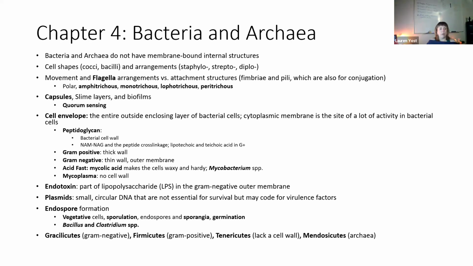The cell envelope is the entire outside enclosing layer. It's going to include the cytoplasmic membrane, the cell wall, and the outer membrane if you have one, right? So let's just talk about the cell wall real quick. That is made up of peptidoglycan. Every time you hear glycan, I want you to be thinking of sugar.